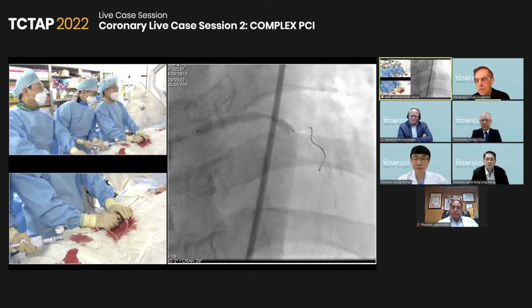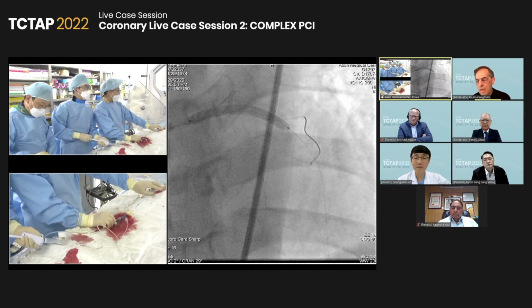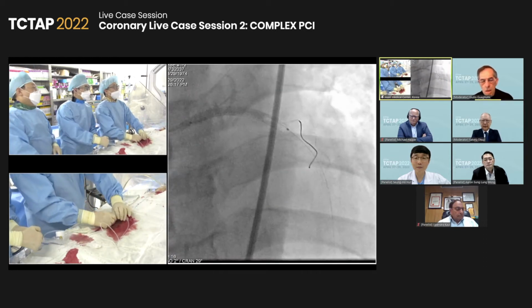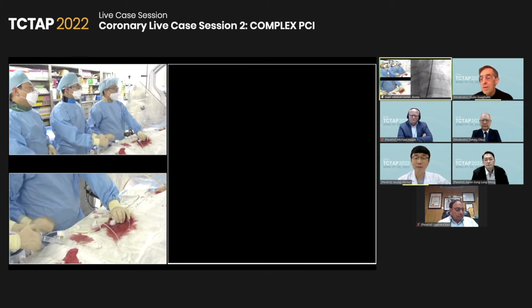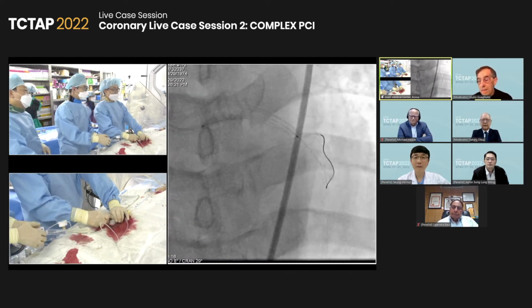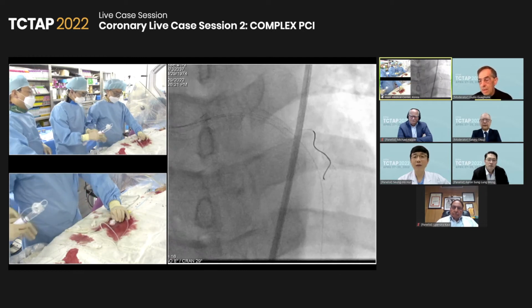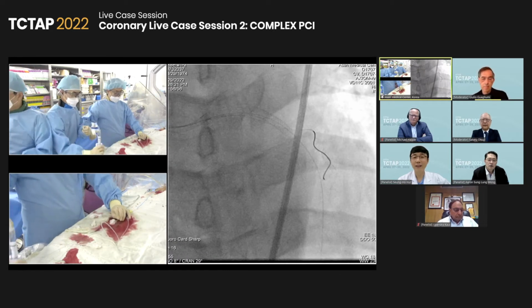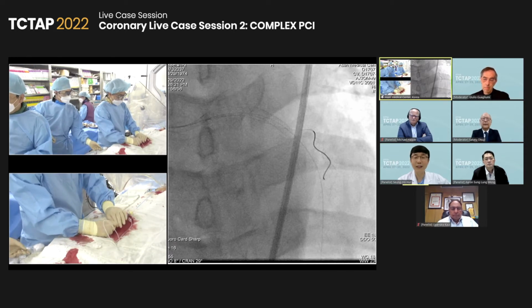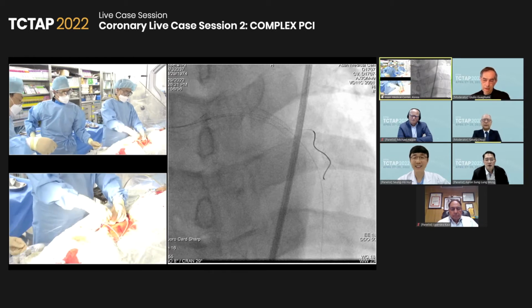So when you have a reverberation of the calcium that is not very high, you can be confident in avoiding aggressive lesion preparation. Likewise in this case, this is not the classic calcified lesion.